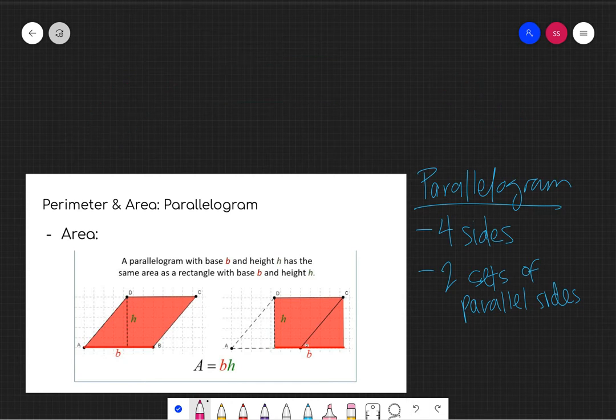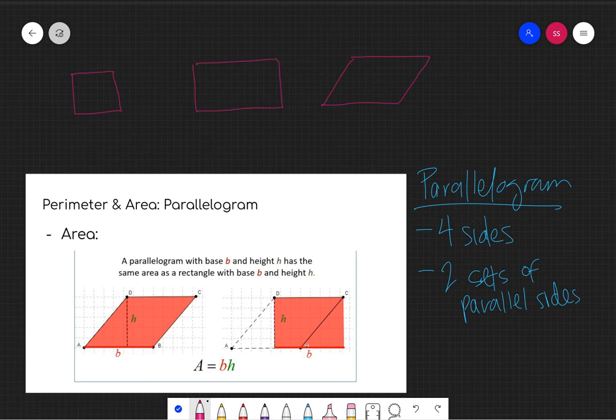Okay, so parallelograms. Let's talk about what is a parallelogram besides having four sides and two sets of parallel sides. So I'm going to draw a couple different figures that are parallelograms. Okay, all three of these shapes would be considered parallelograms.